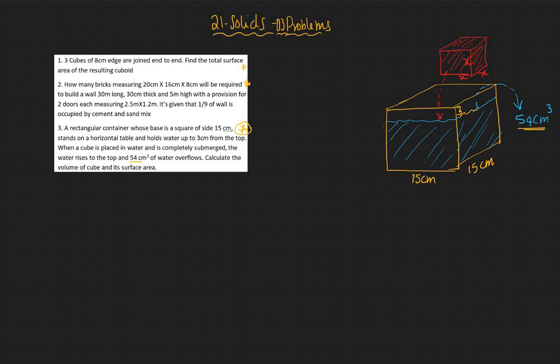So the volume of the cube is your x cube. So when you put x cube into water, the 54 centimeter cube of water falls down, plus the water level rises from this mark to the top mark. So that much volume would be the volume of air or whatever was there, right?